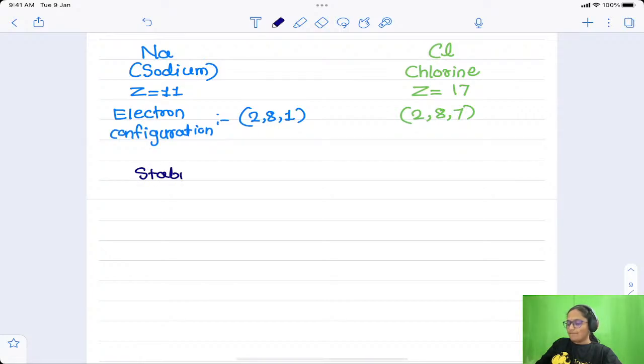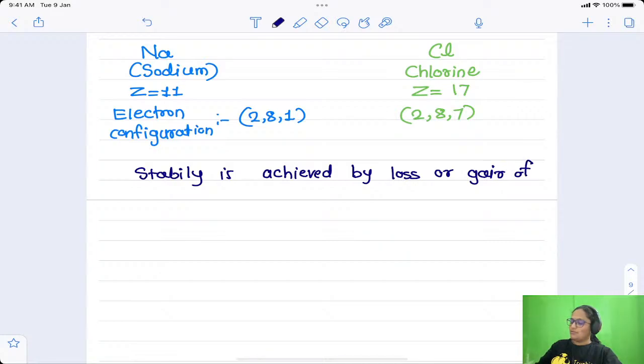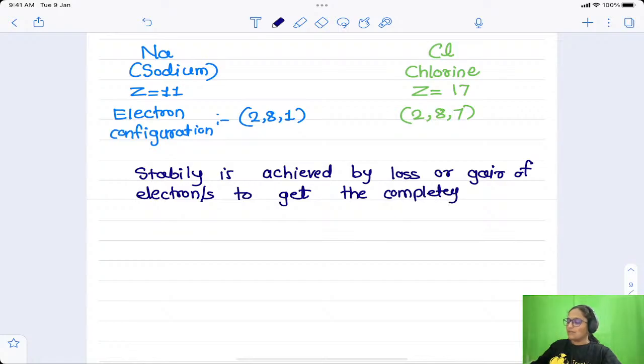Stability is achieved by loss or gain of electron, or more than one electrons also, to get the completely filled electron configuration.